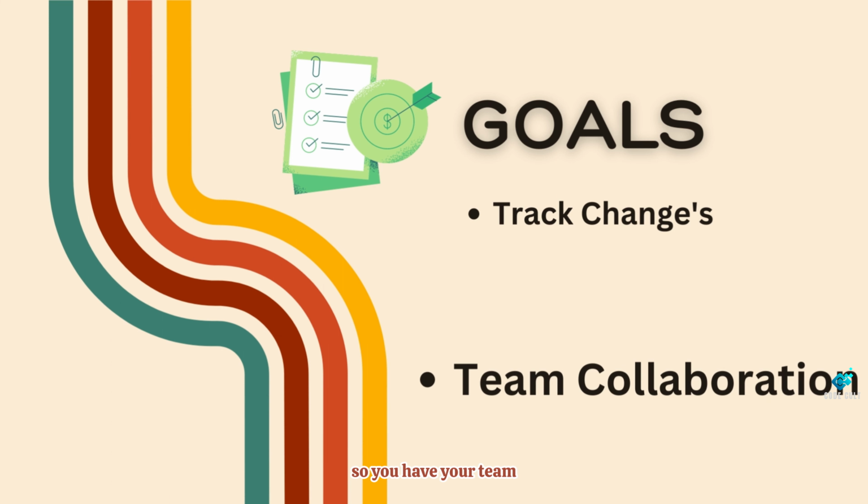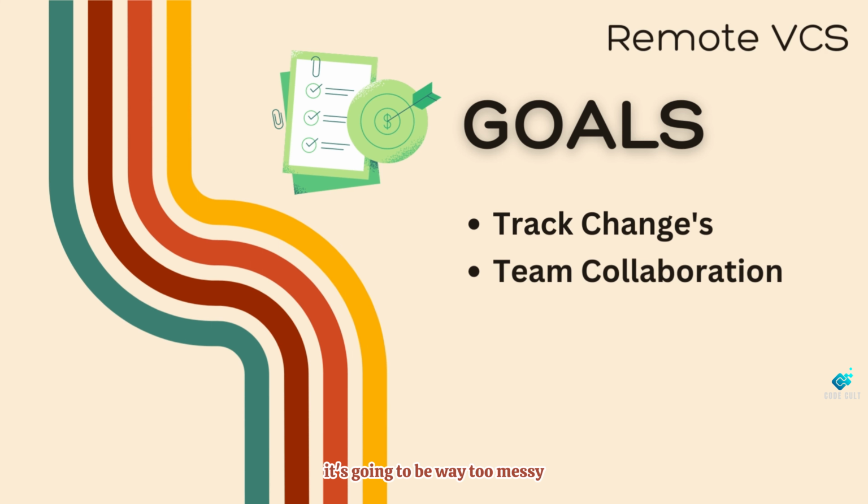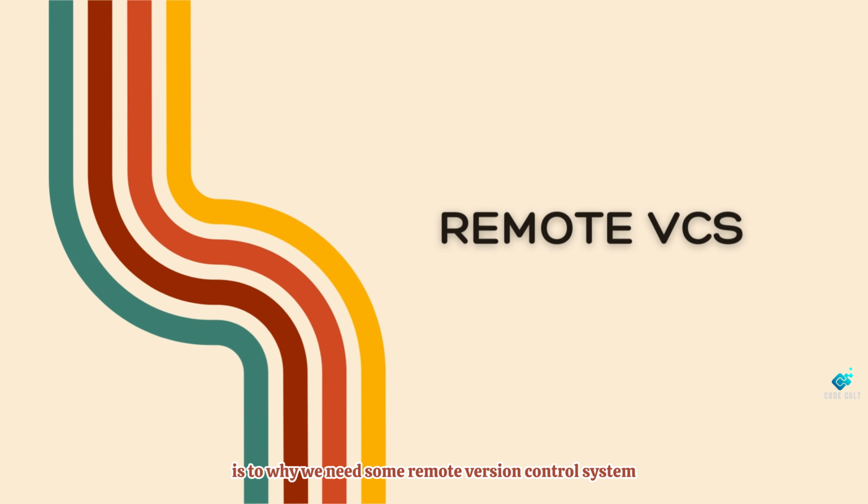So you have your team and you want all of your team to work on one and the same project. Although that's still possible just by using Git, if we do so, it's going to be way too messy. So that's one of many good reasons as to why we need some remote version control system for the development of our project.